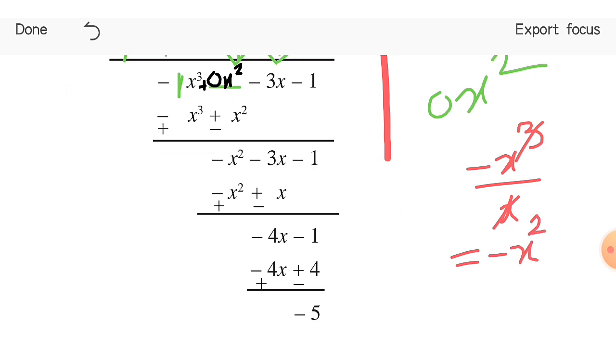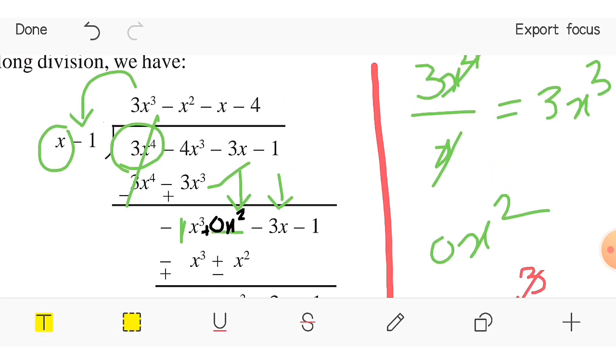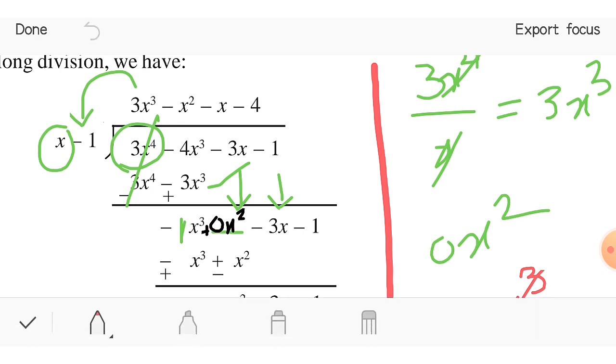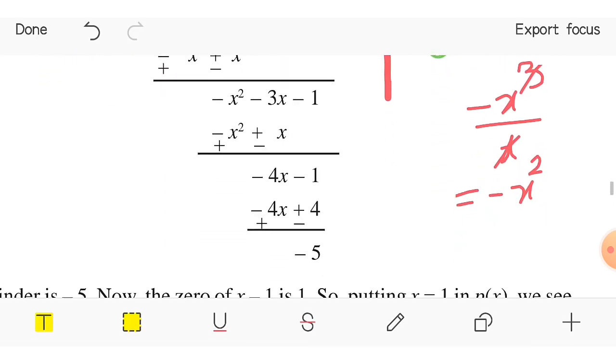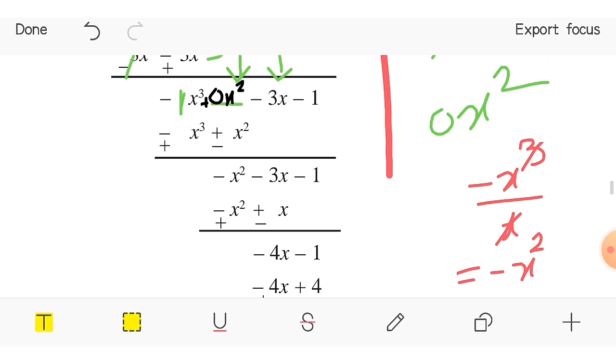Now this minus x square is taken here in the quotient.